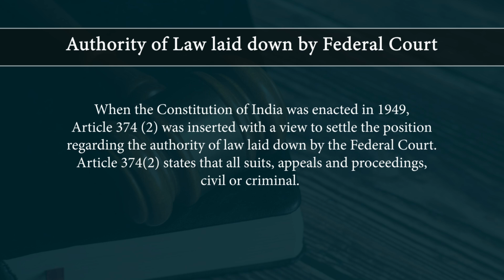Article 374 Clause 2 states that all suits, appeals and proceedings, civil or criminal, pending in the Federal Court at the commencement of this Constitution shall stand removed to the Supreme Court, and the Supreme Court shall have the jurisdiction to hear and determine the same, and the judgments and orders of the Federal Court delivered or made before the commencement of this Constitution shall have the same force and effect as if they had been delivered or made by the Supreme Court.